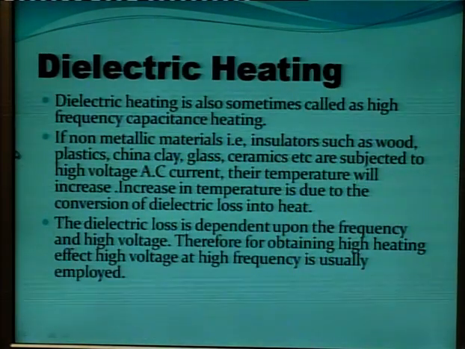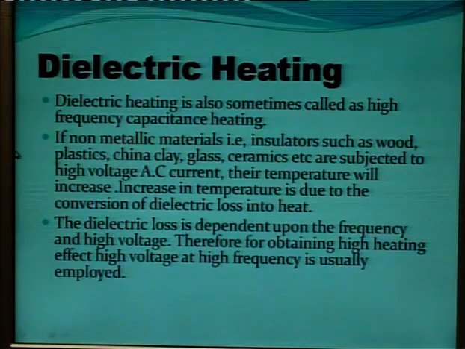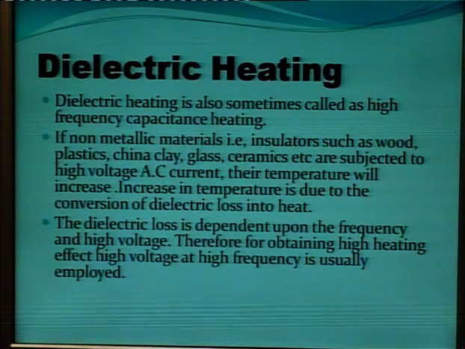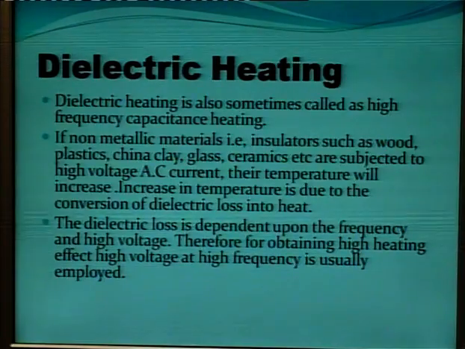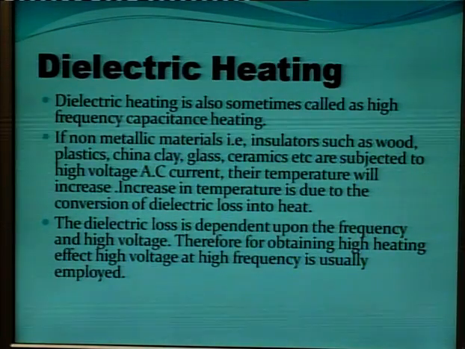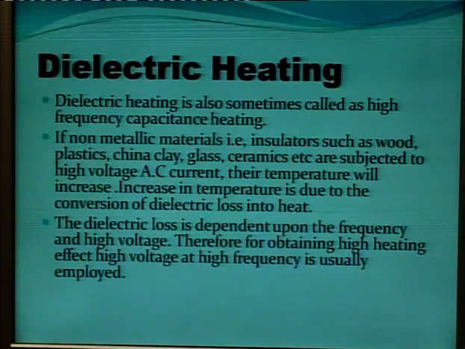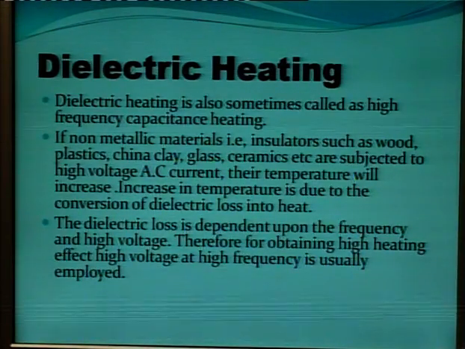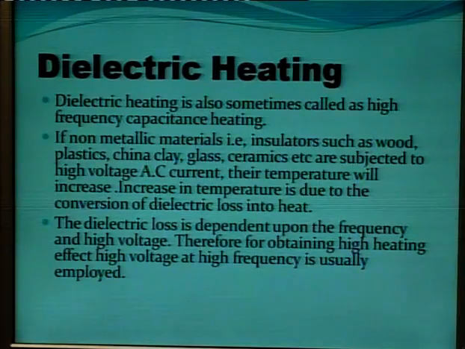And the last category of high frequency heating is dielectric heating. Basically this heating is related to the heating of non-metallic material, that is the insulators. Now see, dielectric heating is also sometimes called high frequency heating. Now if non-metallic materials, that is insulators, such as wood, plastic, china clay, glass, ceramics, etc. are subjected to high voltage AC, their temperature will increase.